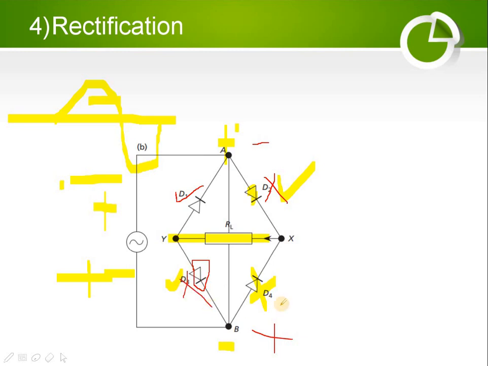While the negative reaches this, the positive reaches D4, that is the anode, and it allows current to pass. Same in this case: for the second half cycle, D1 and D4 are in forward bias. So again the positive reaches X, and from here the negative reaches Y. Again the current direction is the same, from X to Y.